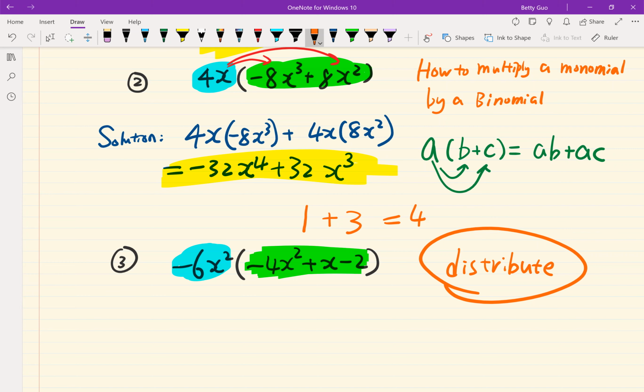Very good. Any progress? In the distribution, your expansion should have three terms. Negative times negative, yeah, positive. And negative times positive, you should have negative, right?